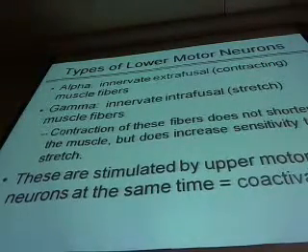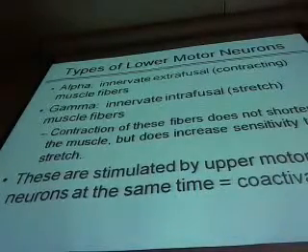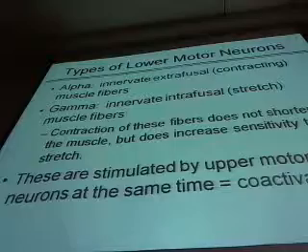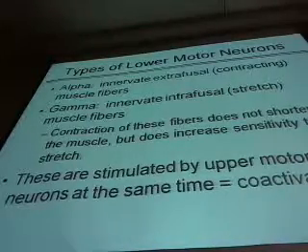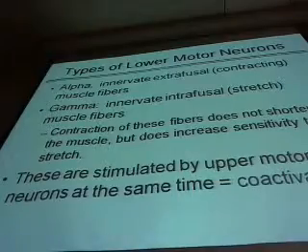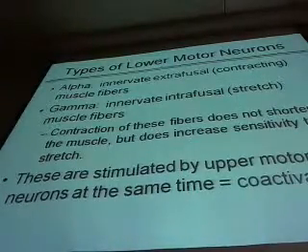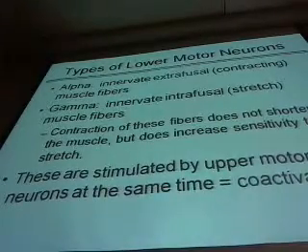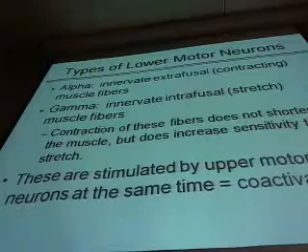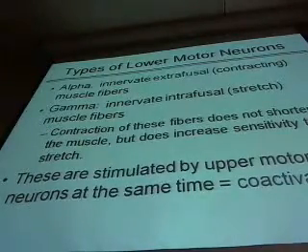Lower motor neurons. You have alpha, which innervate the extrafusal fibers. Remember again, the extrafusal fibers are the big, heavy fibers. They're the weightlifting fibers. The intrafusal fibers are innervated by the gamma motor neurons. Contraction of an intrafusal fiber doesn't do anything. They're too small, they're too few, and they're too weak.